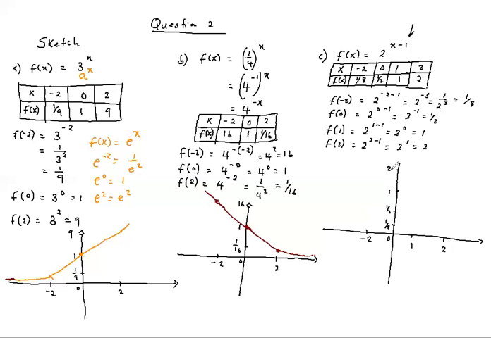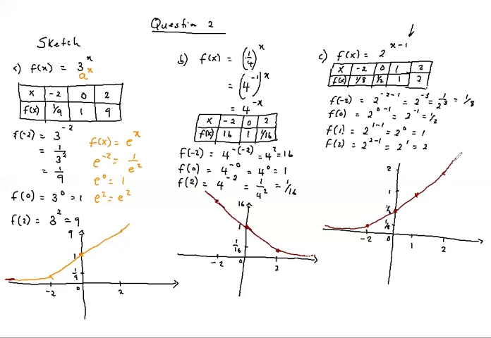So when it's negative 2, we're getting 1 over 8. When it's 0, we're getting half. When it's 1, we're getting 1. And when it's 2, we're getting 2. So the graph, the shape, has the same orientation.